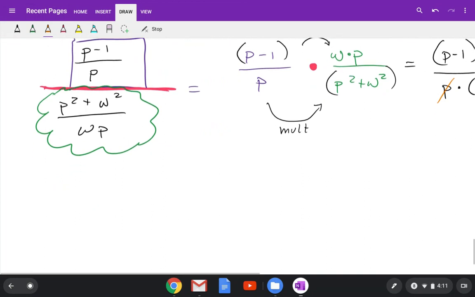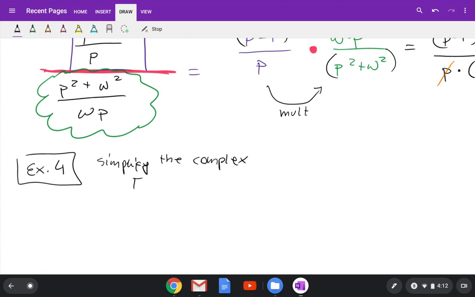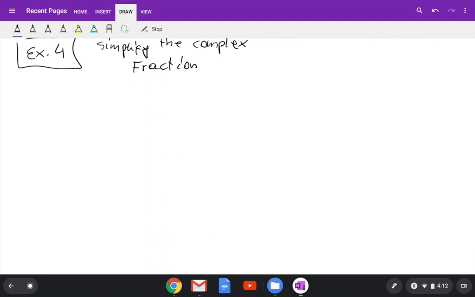examples. So this is example 4. Simplify complex fractions.